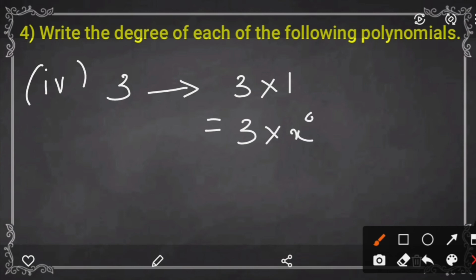So this is nothing but 3 into x to the power 0. So the degree of this polynomial is 0. This is also called a zero-degree polynomial. I hope you understood. The fourth main got over.